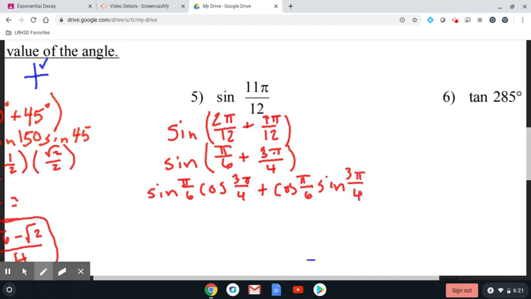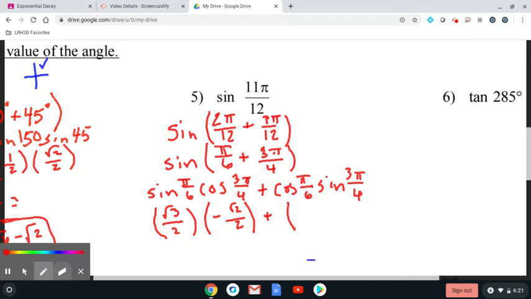All right, now we're going to go ahead and replace each of those using our ordered pairs. So sine of pi over 6, that's going to give us a positive root 3 over 2, since we know we're in quadrant 1. Cosine of 3 pi over 4, we know that's going to be negative since I'm in quadrant number 2, but that's going to be a root 2 over 2. Cosine of pi over 6, that's going to give us, oh, I'm sorry, I made a mistake already.